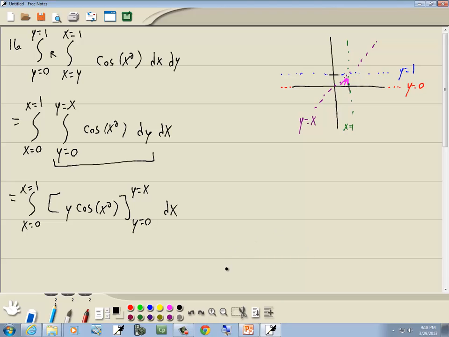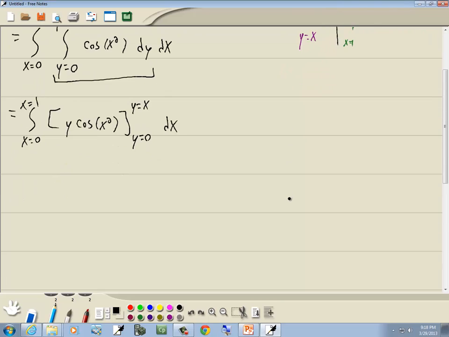We went from an integral that was impossible or very difficult to one we can do very simply. So now we're going to plug these in for y. So we've got x is equal to 0 to x is equal to 1. And we'll plug the x in for the y. So we've got x cosine x squared minus, and we'll plug 0 in for the y.